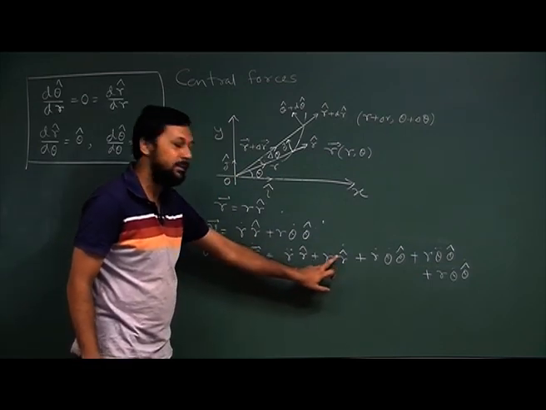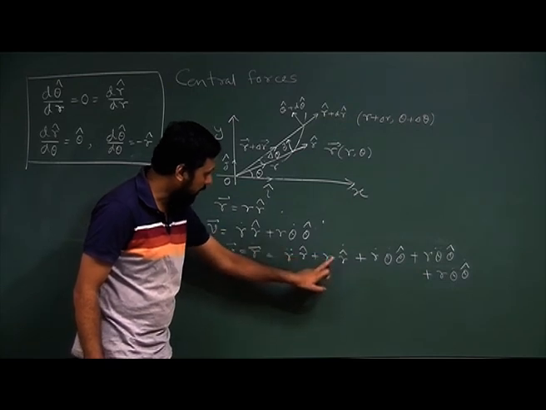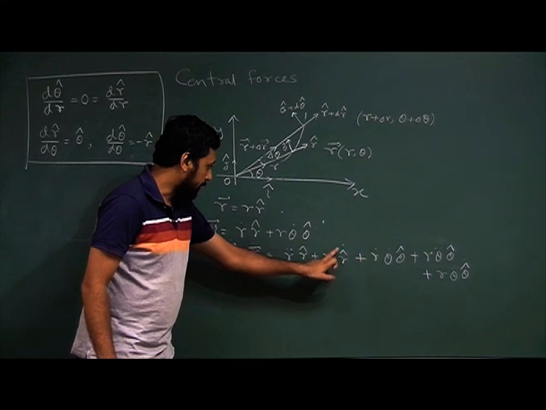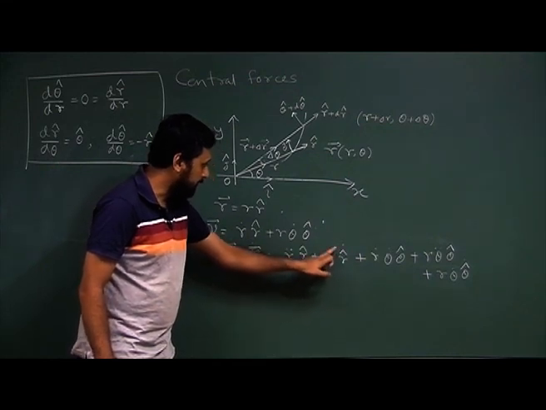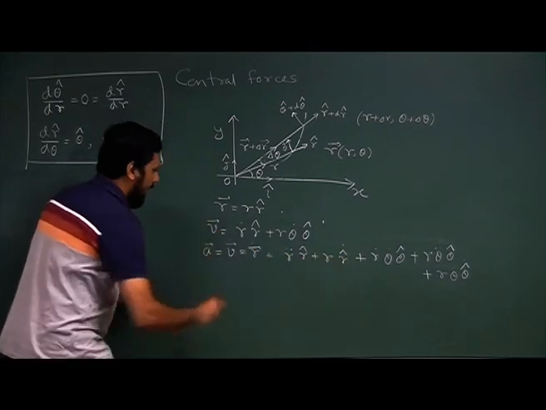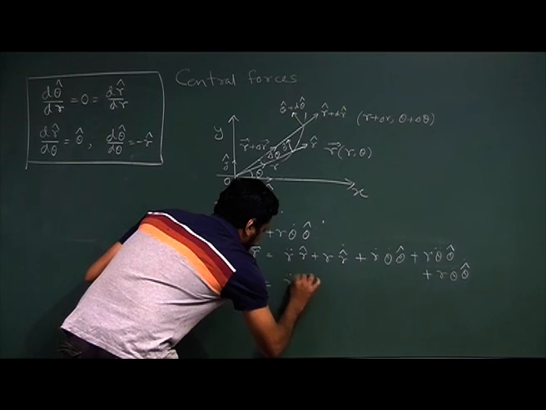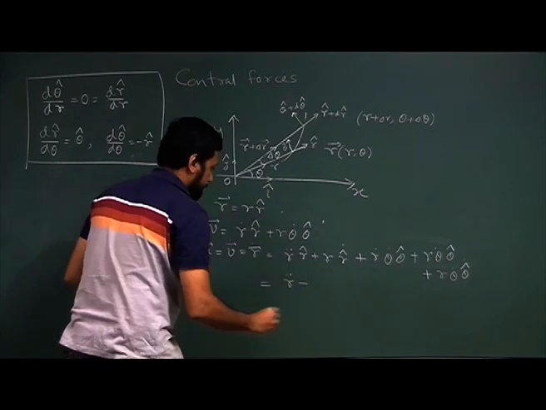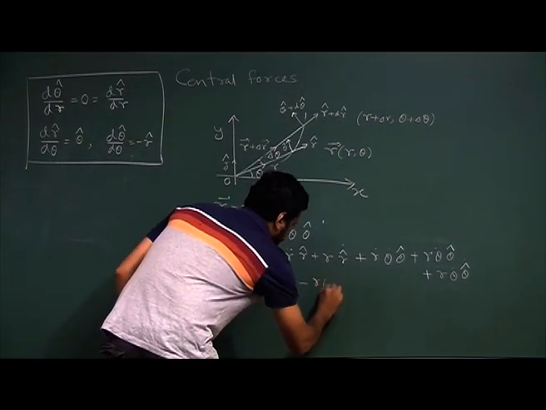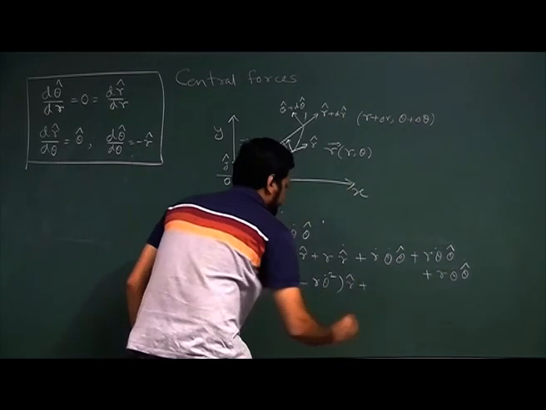Just like the previous case, we have to replace this r cap dot by substituting d dt as d d theta times d theta dt. So, it will be theta dot d r cap d theta, and essentially what we will get is r double dot minus r theta dot square r cap plus the transverse term.